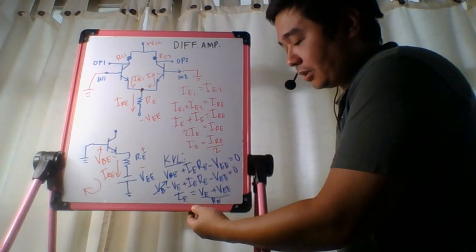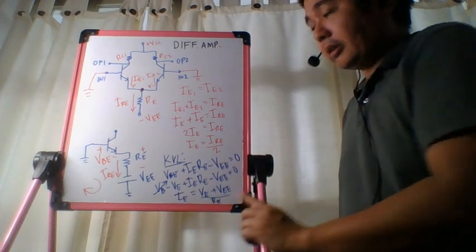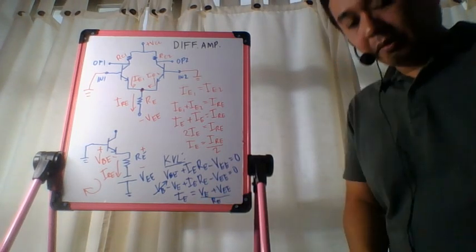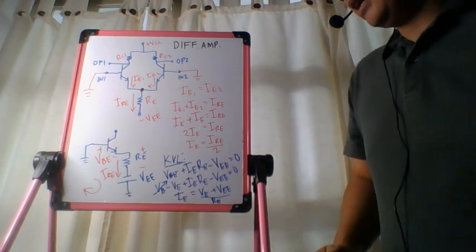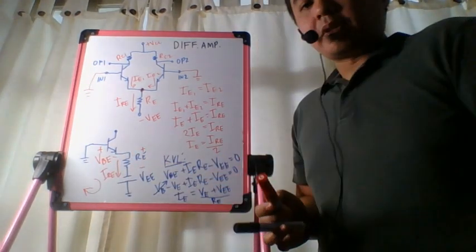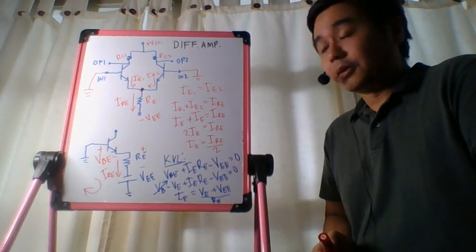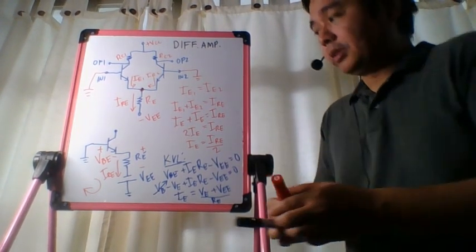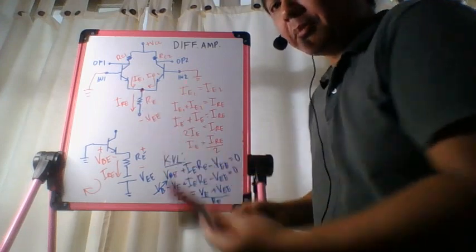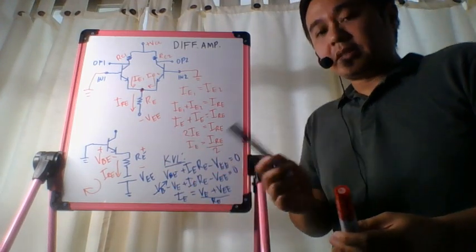Having this equation, we can replace the value of VE by another value. So tignan natin ano ba yung voltahe across VBE. Since the base to emitter junction is forward bias, alam natin na meron siyang 0.7 volt na potential. So if we're going to measure it here, for example, we have a tester. This is the positive test lead and this is the negative test lead.